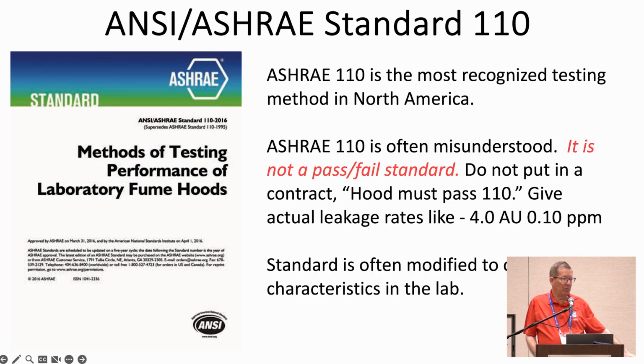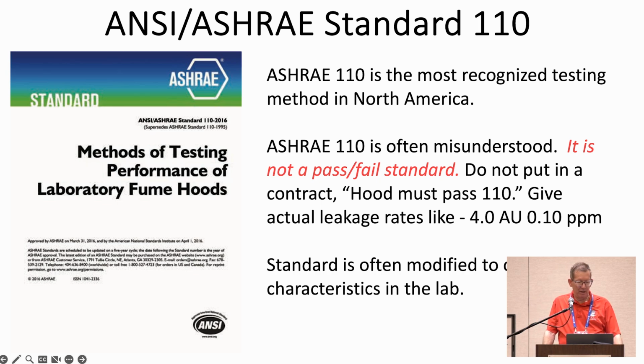I compare it to taking my daughter on the roller coaster. There's a yardstick, it's 48 inches tall. If she's taller than that, then you go on the roller coaster. Well, the 110 standard just tells you how to build a yardstick. It doesn't tell you how long it should be. So you need to add a number to your spec to show what is a passive leakage rate if you're doing tracer gas.